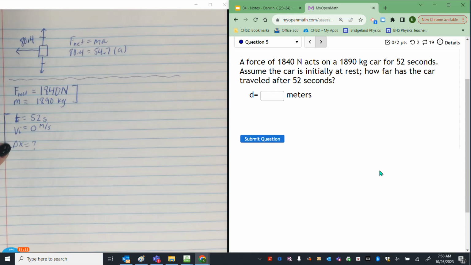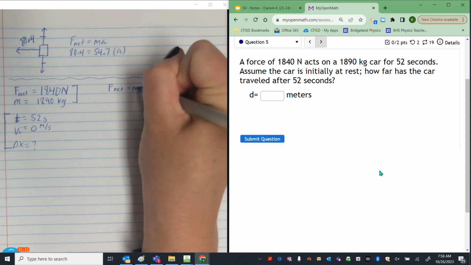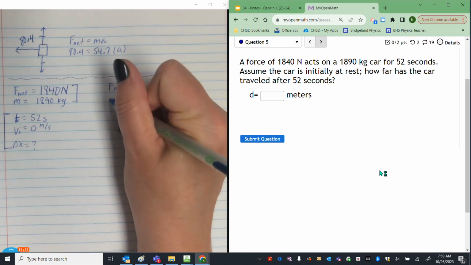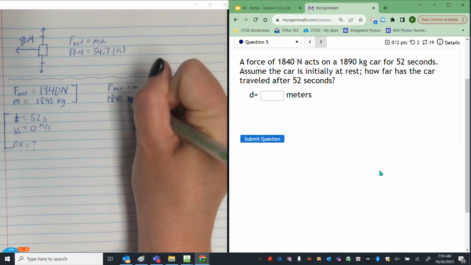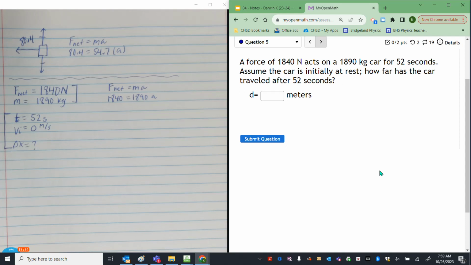Your first step is going to be using F net equals m times a. Because you have the stuff to do it, just do it. If you don't have acceleration already, find it, because it's in both boards. That's going to be your first step. So F net is 1840 equals the mass 1890 times A. You're going to divide 1840 by 1890.